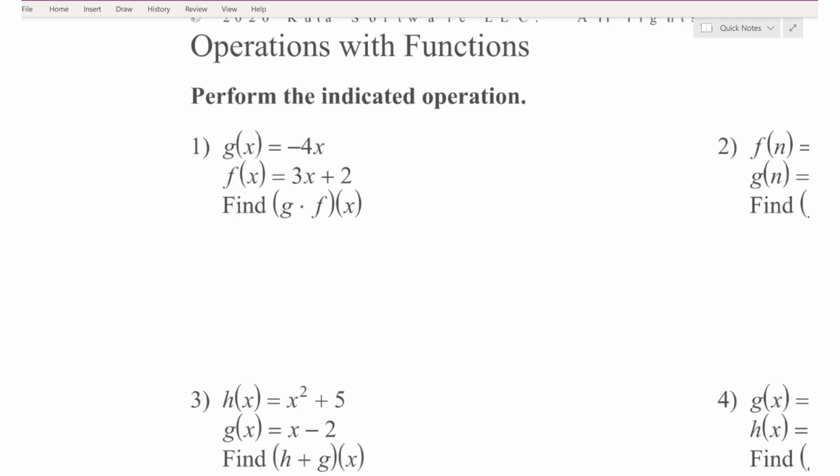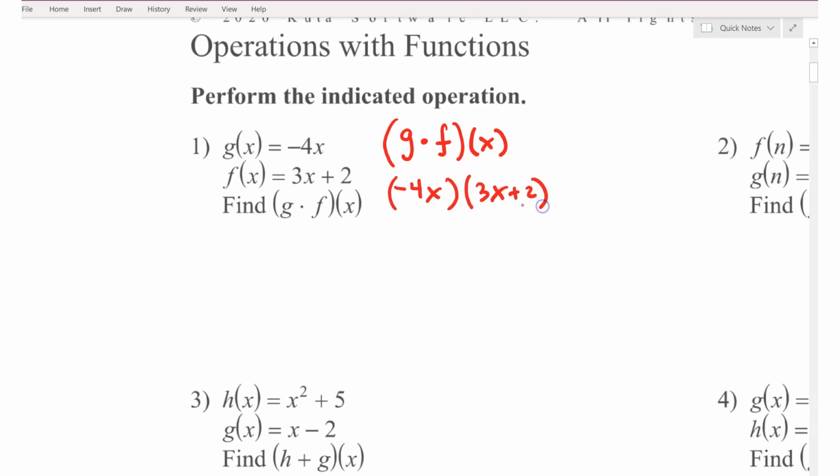For number 1, we're going to do the operation, which is multiplication. We have G, that little dot means multiplication. And so we have to multiply G times F. We notice that G of X is negative 4X times 3X plus 2. Looks kind of familiar.